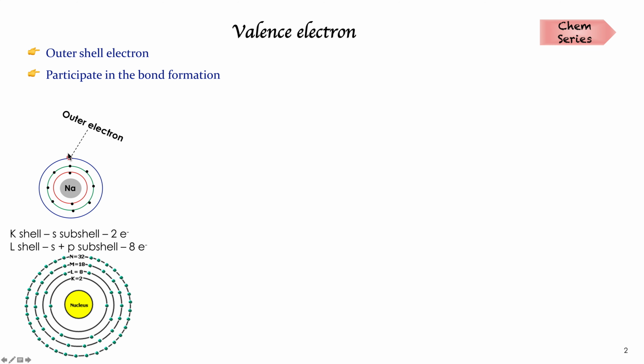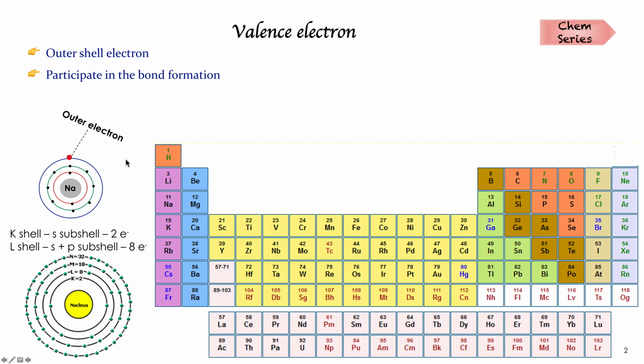Fine. So in this periodic table, if we try to get the valence electrons for all the elements, then the outer electronic configuration should be written in order to find the outer shells. S1 will be the outer shell electron configuration for group 1 and S2 for group 2.